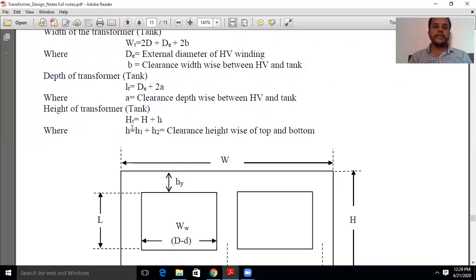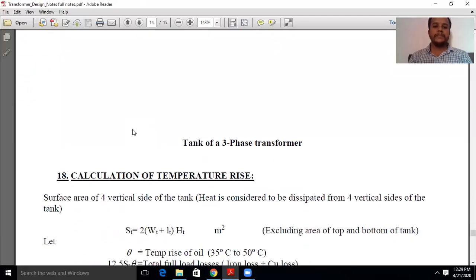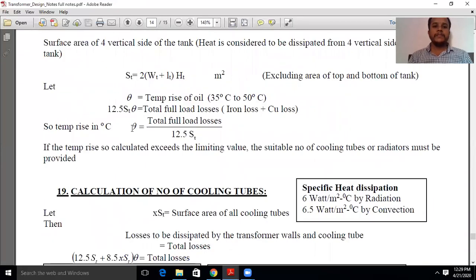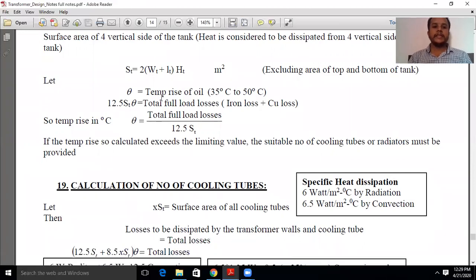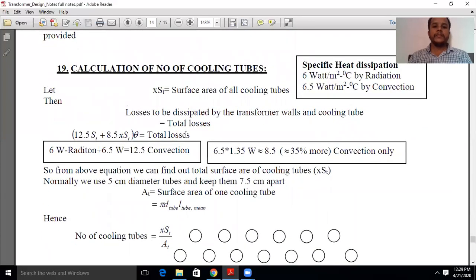These are the formulas. Temperature rise theta is equal to total full load losses divided by 12.5 St. So this is losses to be distributed by the transformer wall and cooling tube. This is the formula we have seen.